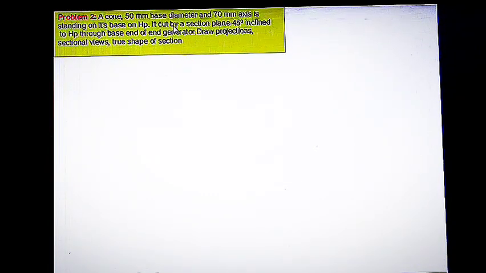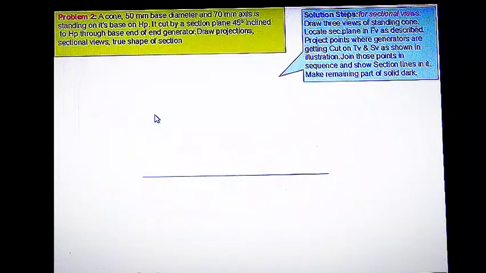It is cut by a section plane 45-degree inclined to the horizontal plane through the base end of the end generator. Draw the projections, sectional views and true shape of section. See how we can solve this one.